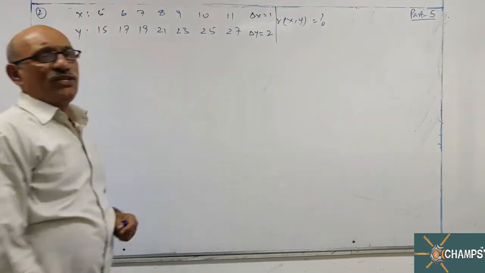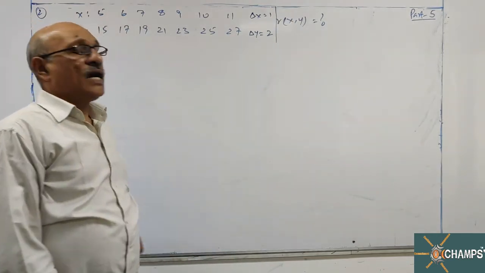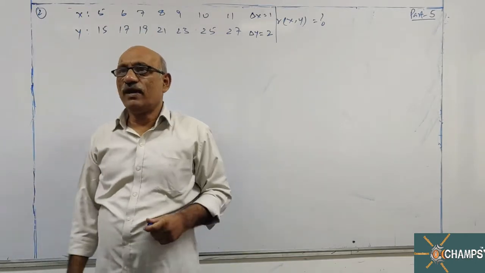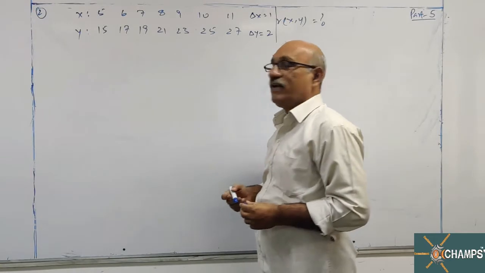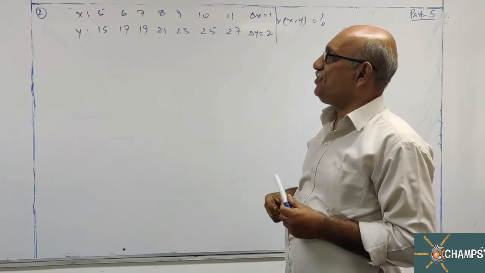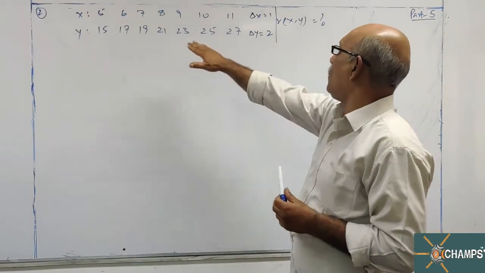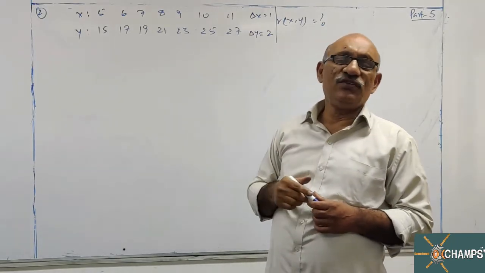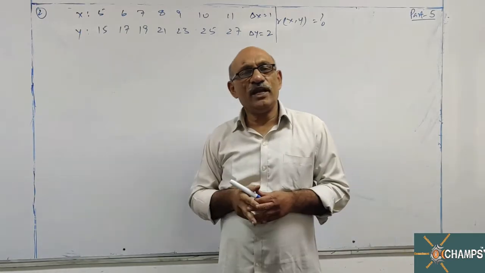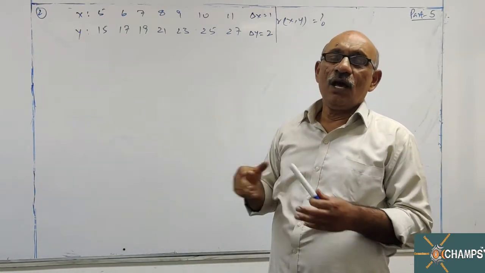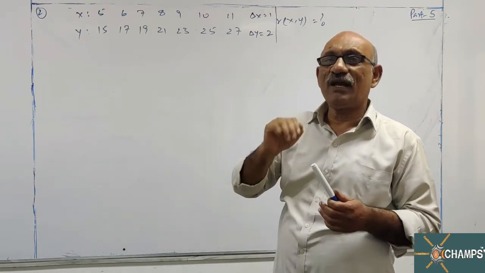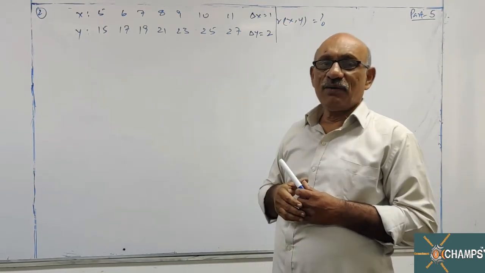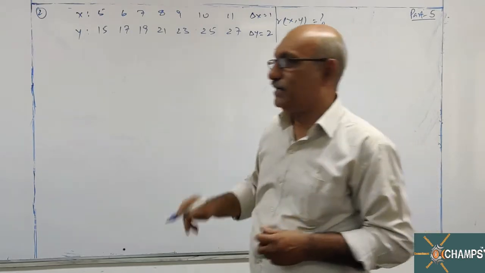For a unit change in the value of x, the corresponding change in the other variable is constant over the entire range of values. Then correlation is said to be linear. When correlation is linear, the graph is always a straight line.